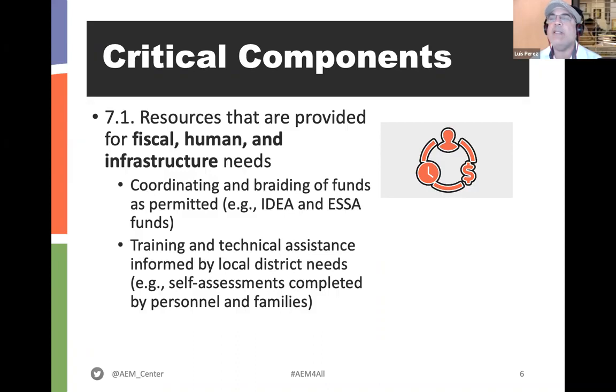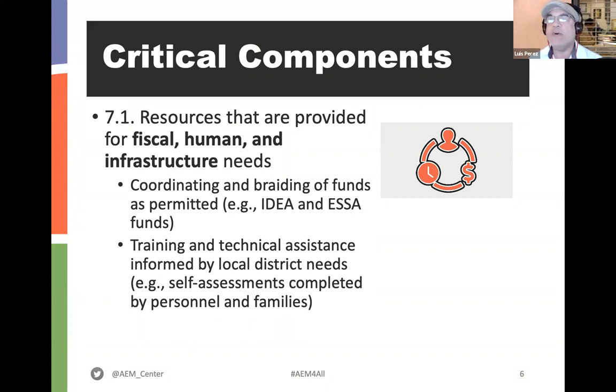ESSA is a possibility. The Every Student Succeeds Act, IDEA, the Individuals with Disabilities Education Act, and so on. But then, as I mentioned, we also want to make sure we consider those human resources, that human capital. So we want to make sure that it's appropriate technical assistance and training that is informed by local district needs.